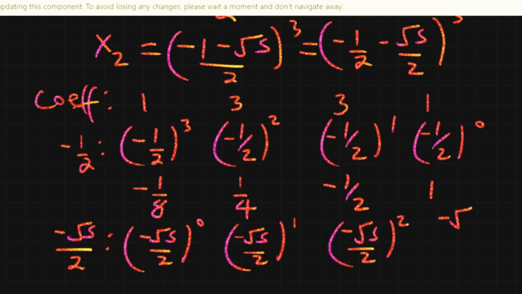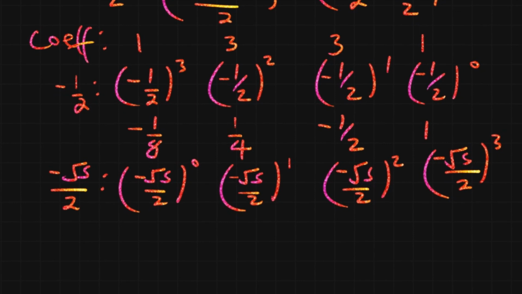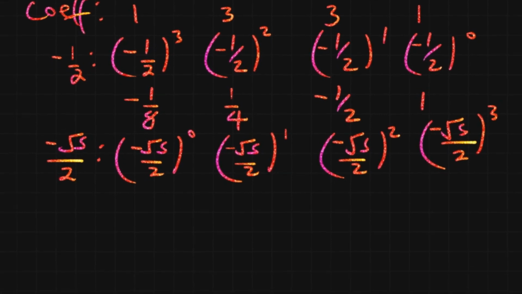Then we have minus root 5 over 2 raised to power 3. So we can also simplify so that we see what we get here. Here we are going to have 1. Here we're going to have minus root 5 over 2. Here we're going to have 5 over 4. Here we're going to have minus 5 root 5 over 8.